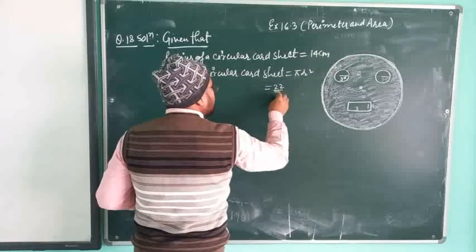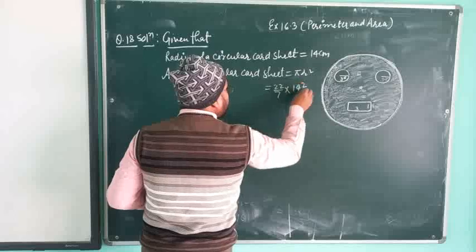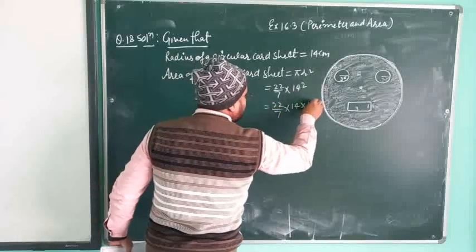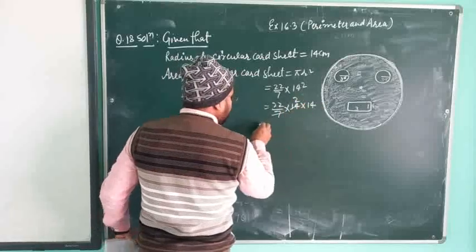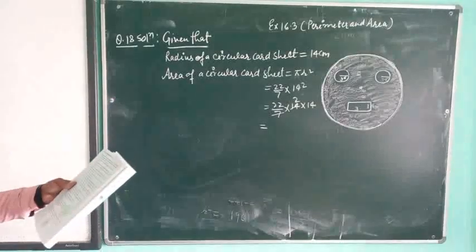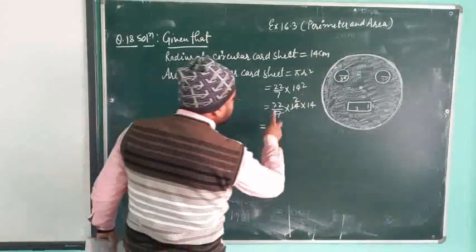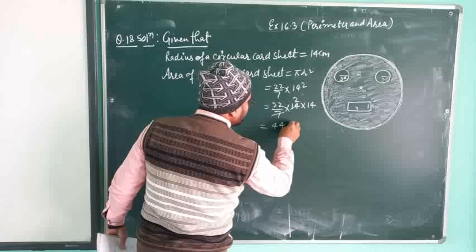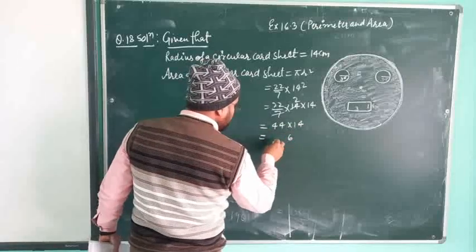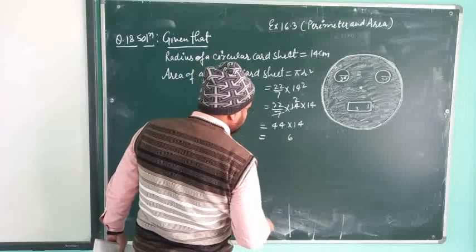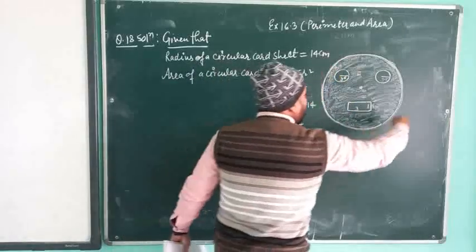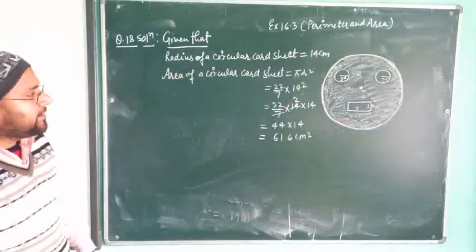So 22 by 7 into r square, which is 14 square. So 22 by 7 multiplied by 14 into 14. 7 into 14 gives 2, so 44 multiplied by 14 gives 616 centimeter square, which is the area of the whole circular region.